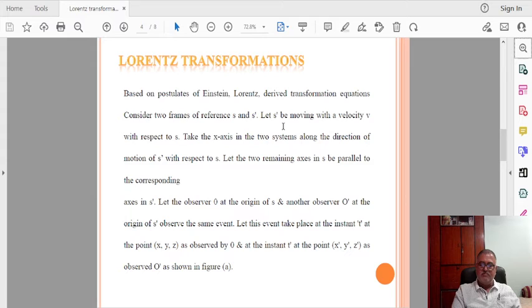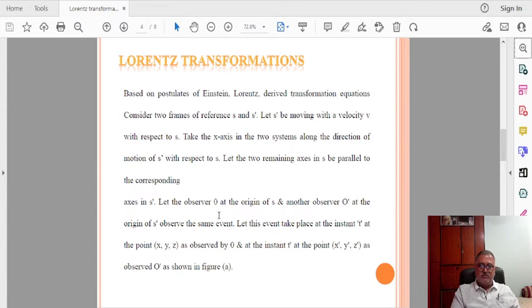Let S prime be moving with a velocity v with respect to S. Take the axis in the two systems along the direction of motion of S prime with respect to S. Let the two remaining axes in S be parallel to the corresponding axes in S prime.